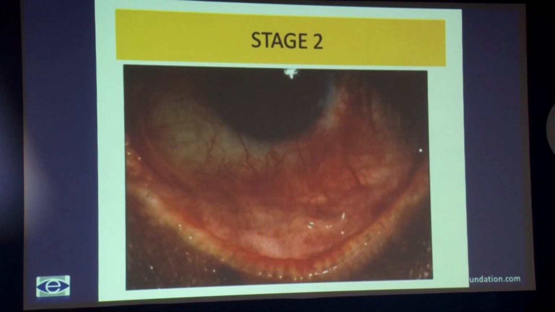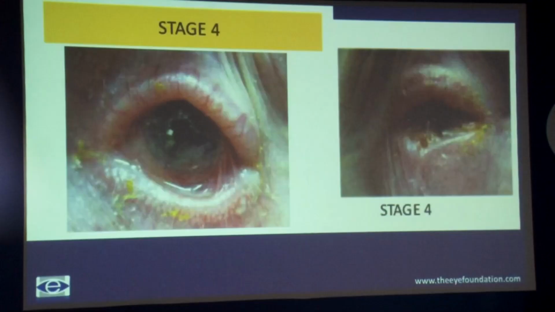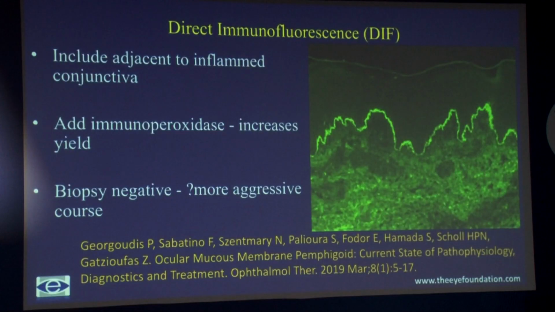Even if it gets missed, at least at the early fornix shortening at stage 2, if we identify the patients in stage 1 or 2 and immediately start and keep them on treatment and regular monitoring, we are able to achieve reasonable outcomes. But once it starts progressing into symblepharon and progressive symblepharon and ankyloblepharon and surface failure, it becomes very difficult to manage these patients. Documenting with serial slit lamp photographs is one of the best indicators of disease progression or activity.